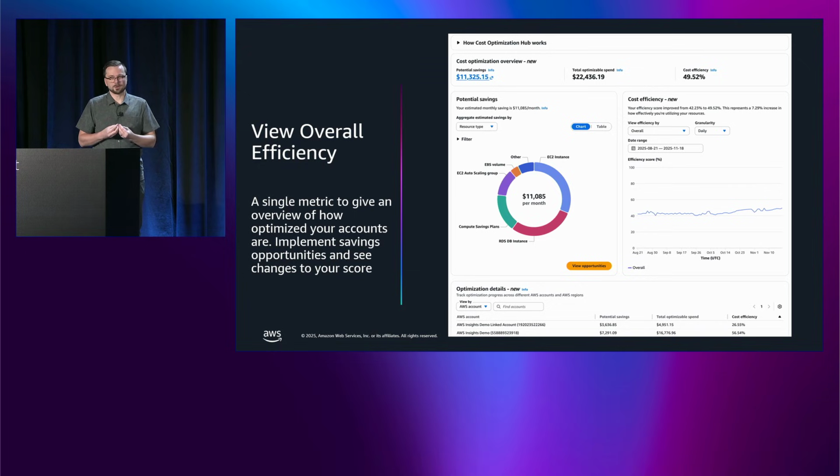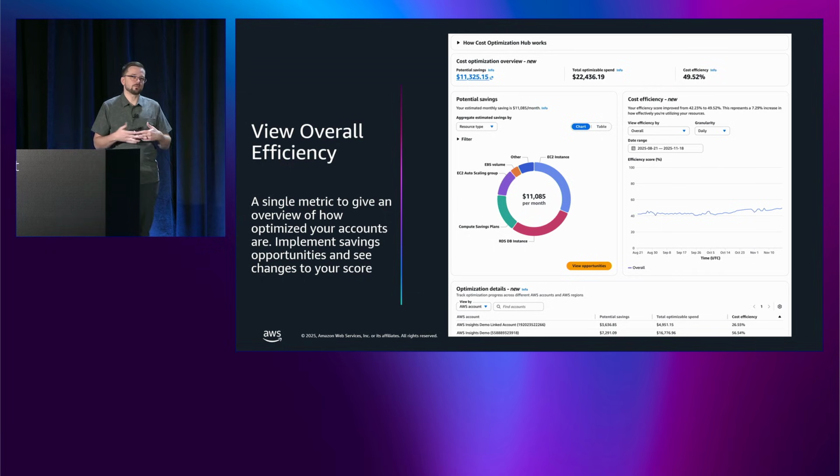We take that number and we divide it by the total potential optimizable spend. What that means is we take some things out of this number, like credits, fees, support costs, things that we can't optimize. So we have a more stable baseline amount of spend that is optimizable that we provide recommendations for. Then we divide 1 by 2 and we have a percentage.